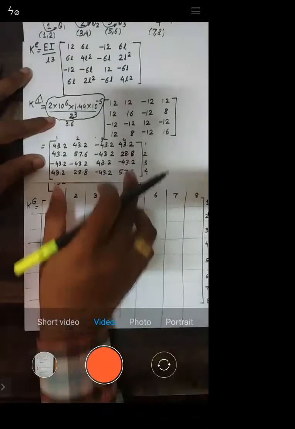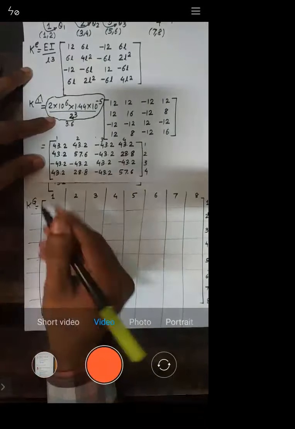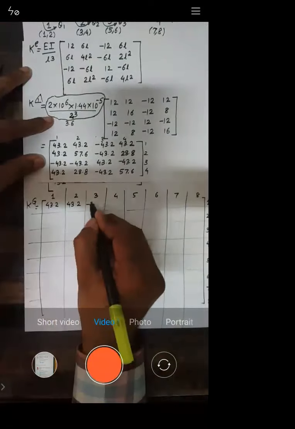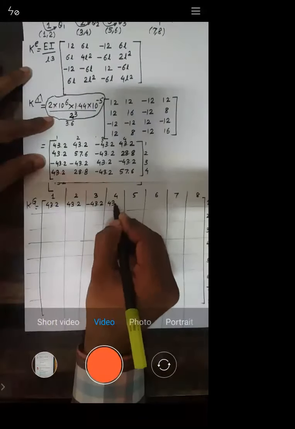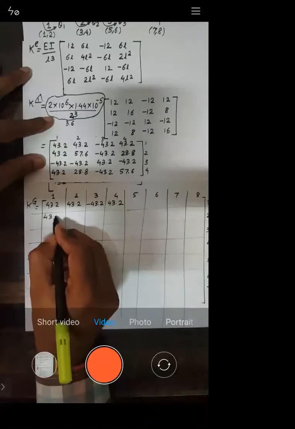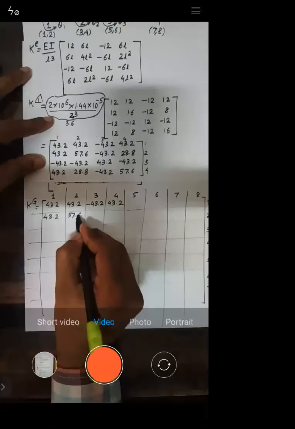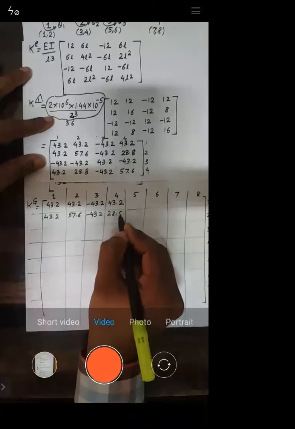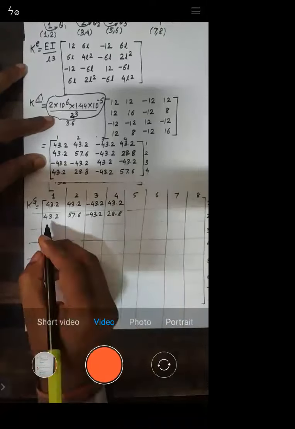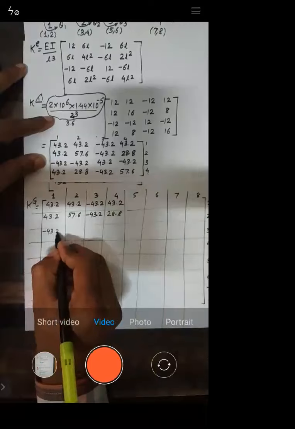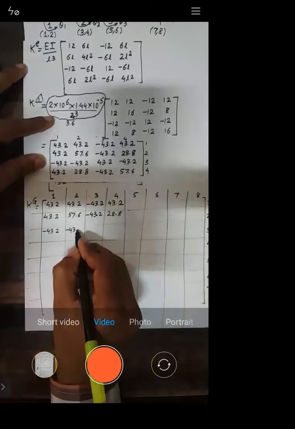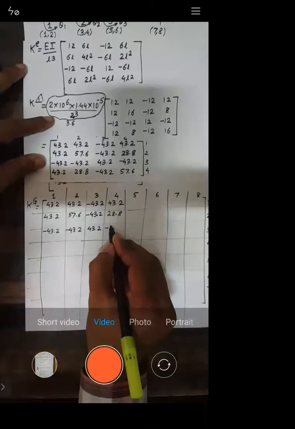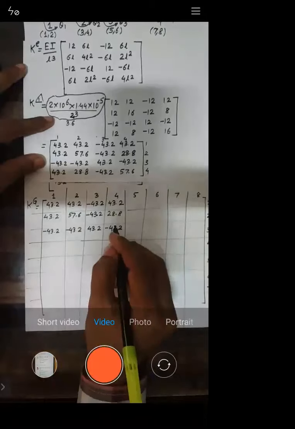So I'll do that. So 43.2, 43.2, minus 43.2, 43.2, and 43.2, 57.6, minus 43.2, 28.8, minus 43.2, minus 43.2, 43.2, minus 43.2.